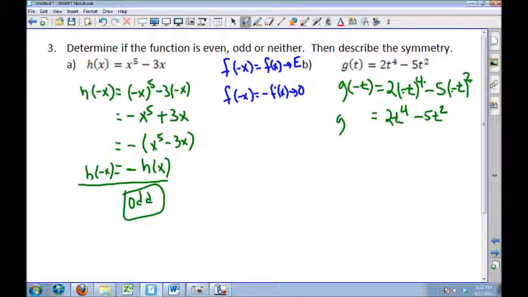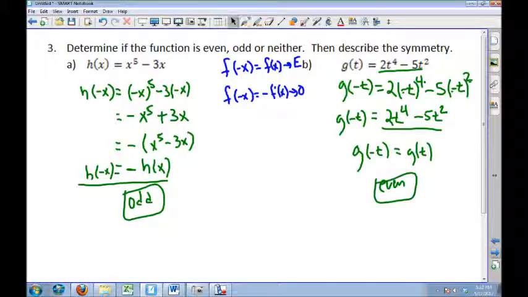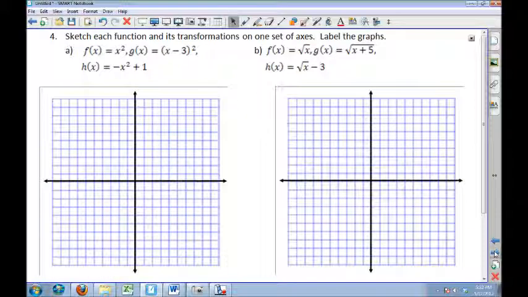What I end up with is g of negative t is equal to 2t to the 4th minus 5t squared, which is in fact g of t. So g of negative t is equal to g of t, which makes this an even function. This test also works for trig functions and any other type of function that you might look for. So not just for exponents, but any other function type as well.